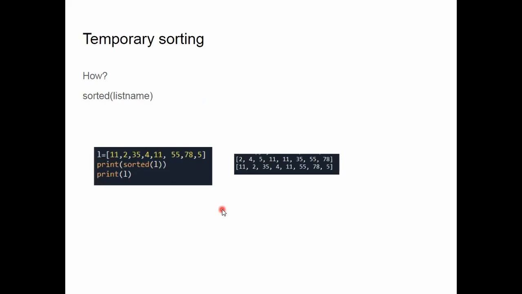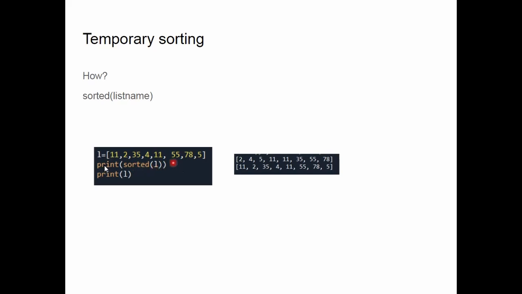Now if you don't want your list to be modified after the sorting, I can use the sorted method. The way of using the sorted method is sorted and parentheses. Within the parentheses, I have to supply the list name. So we are having list L, and if you want to sort only temporarily, only for a few seconds, only for calculation or for displaying, I can use the sorted method, sorted L. So it will temporarily sort the content.